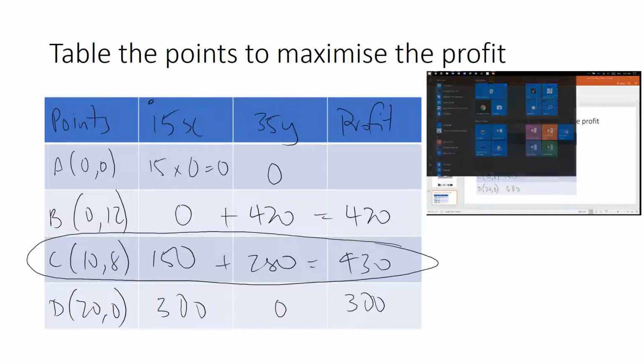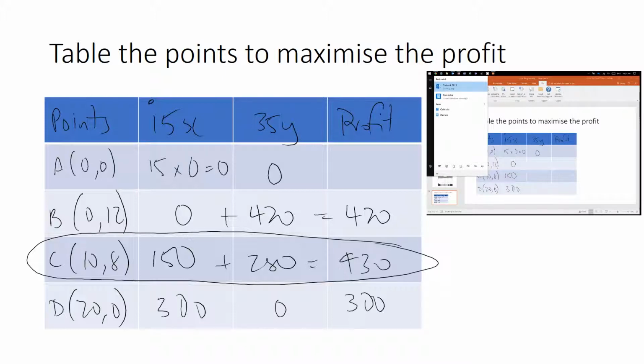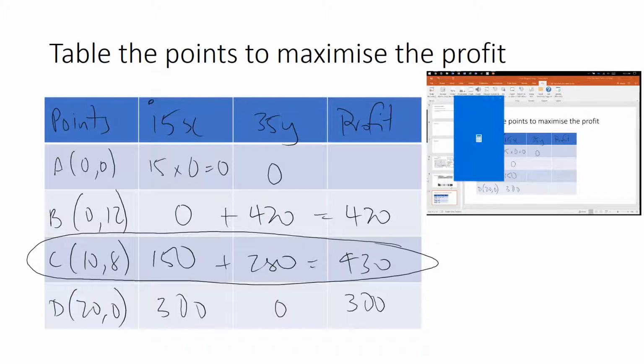Well, let's just open up a calculator and do 35 times 12, 420. 35 times 8, 280. 35 times 0 is 0.